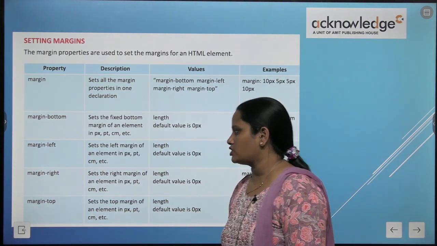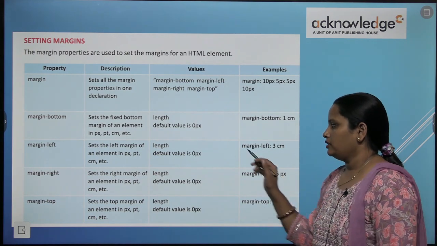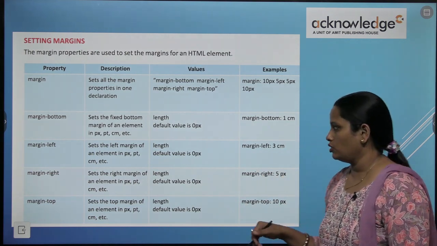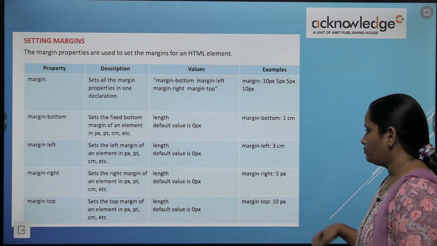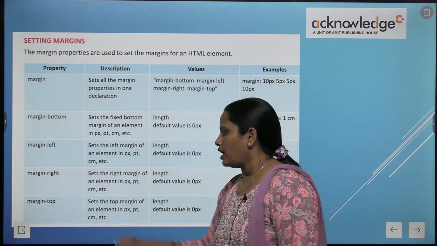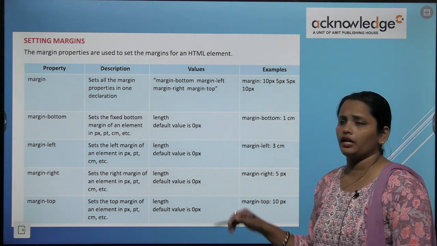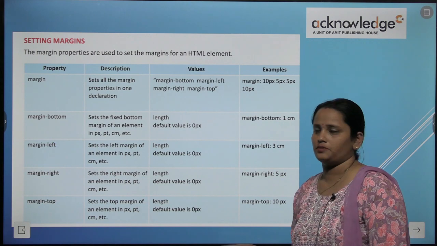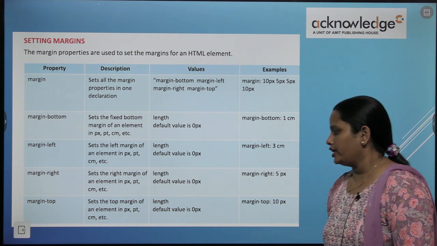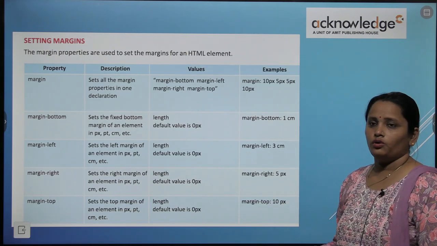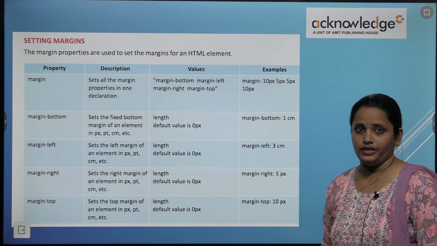It sets the right margin of an element in px, pt and centimeter, and length default value 0px, and we have set the margin to 5px. Margin top, we have set the top margin, and the values are in px, pt and centimeter, etc. Length default value is 0px, and the top margin is 10px.